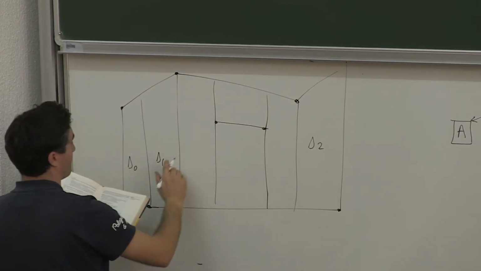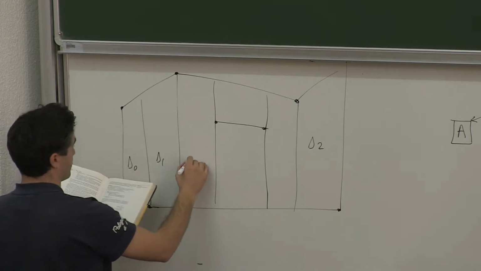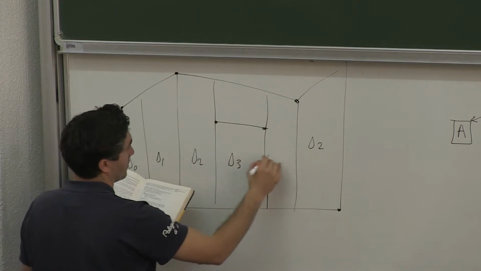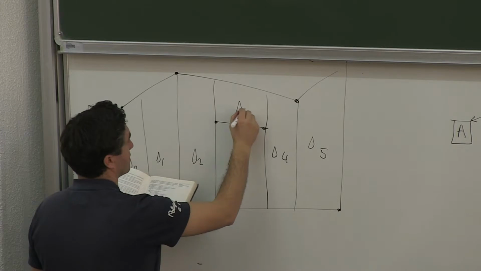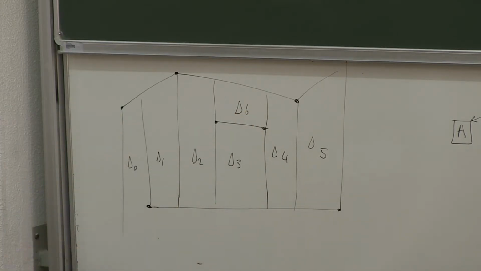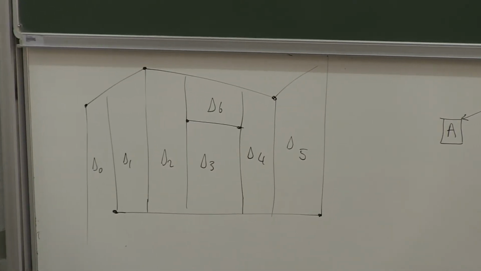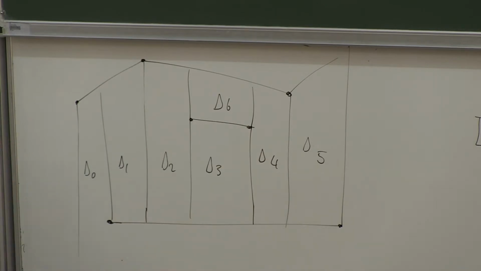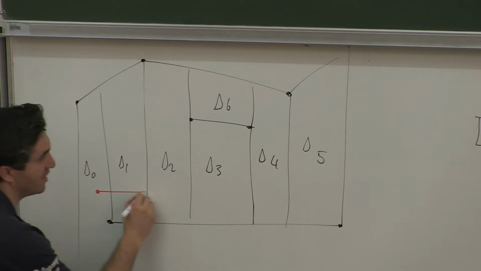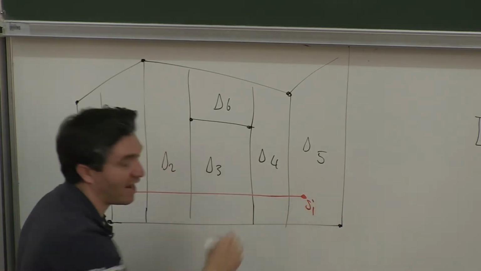Okay, now, delta 2, delta 3, delta 4, delta 5, delta 6. Here, these are my existing previously processed line segments, and imagine we add this line segment S_i at the ith iteration.